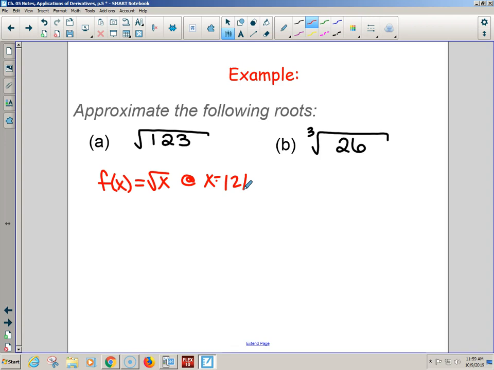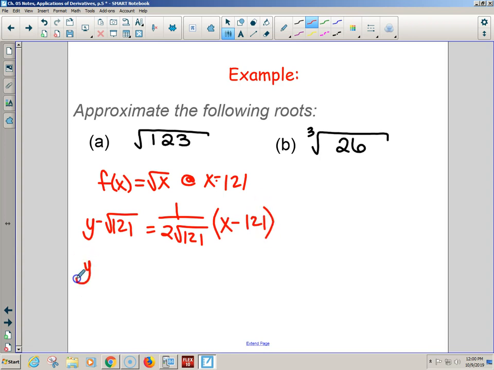Why are you doing power? Or 242. 121 minus 242.